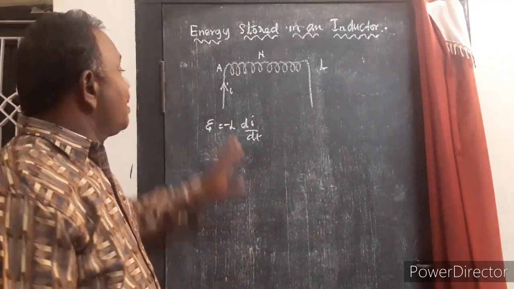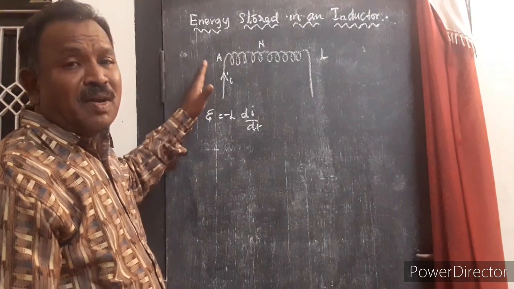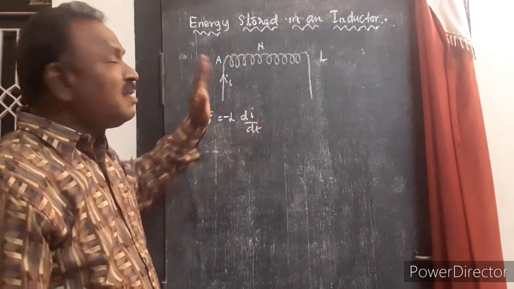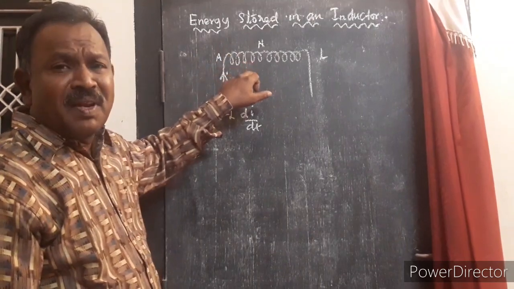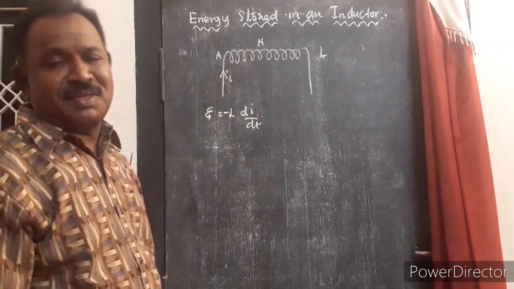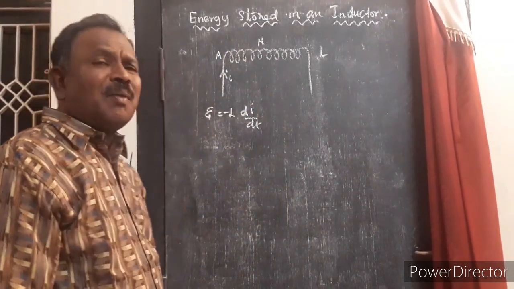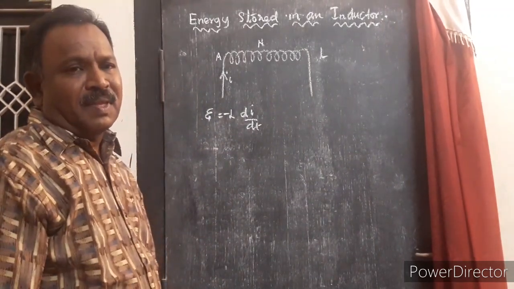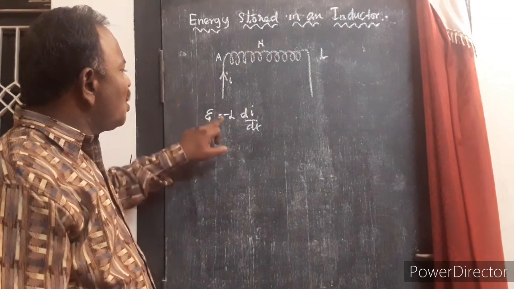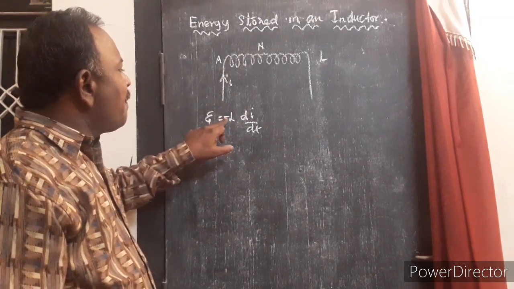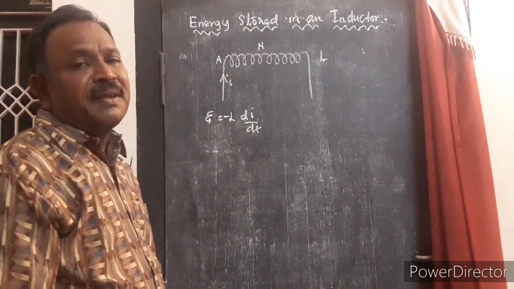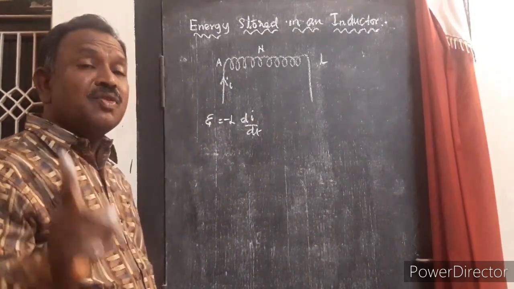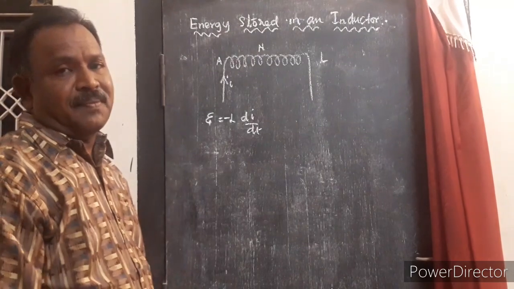When the circuit is broken, the current will decrease, and at that time the induced EMF opposes the decrease in the current. So the function of the induced EMF, which is minus L into di by dt, is to oppose the change.